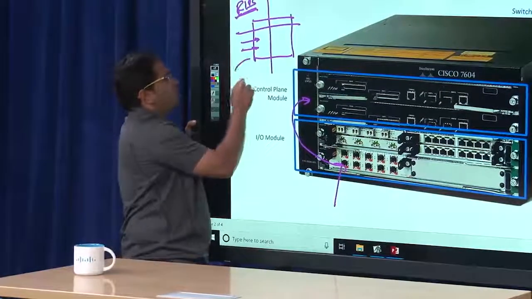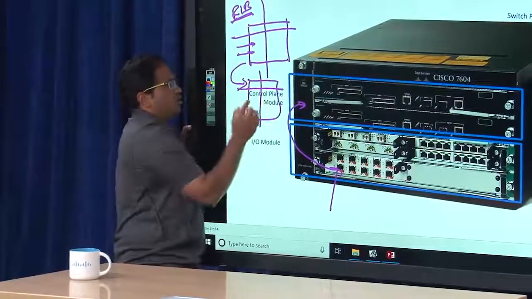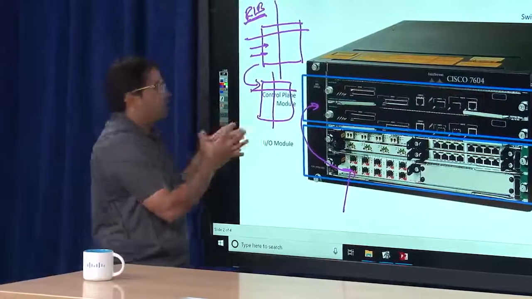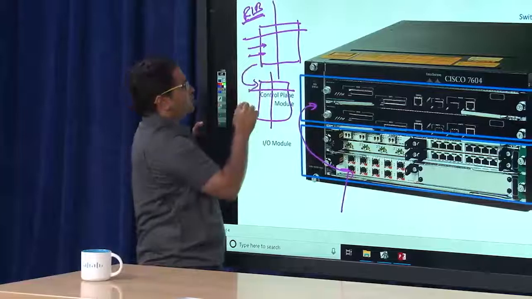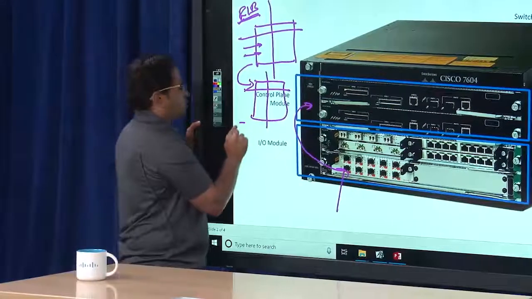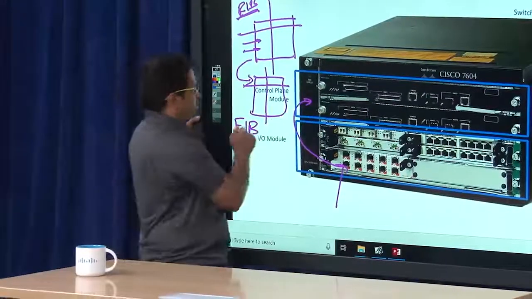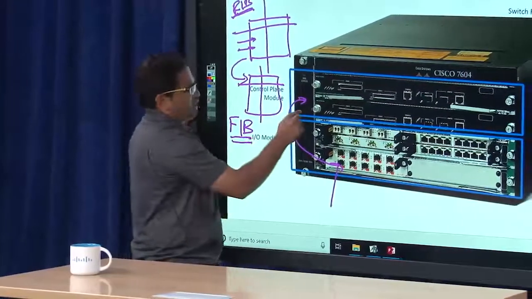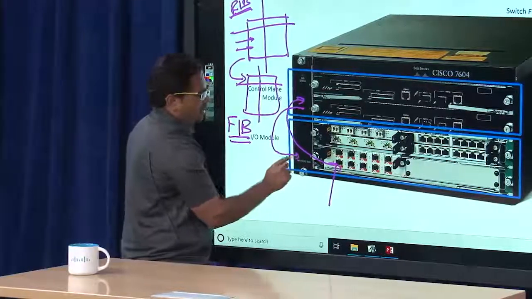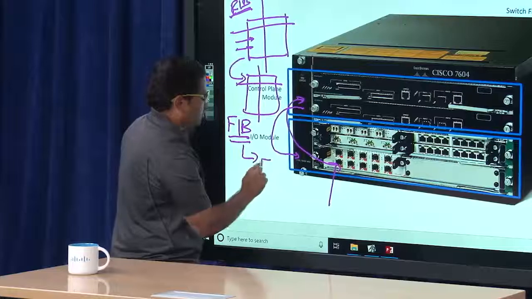We can further optimize this to get rid of duplicates or perform any sort of policy actions on this routing table to create a concise view of the network, which is called the forwarding information base, or the FIB. This FIB is the table that's then programmed back into these I/O modules. So the I/O contains the FIB.